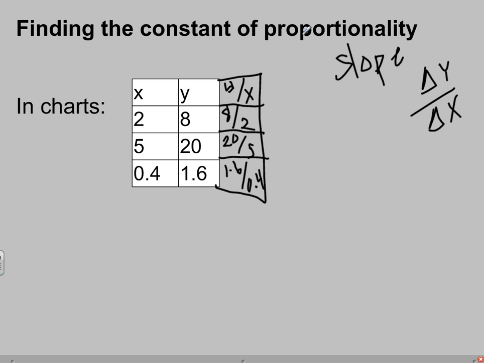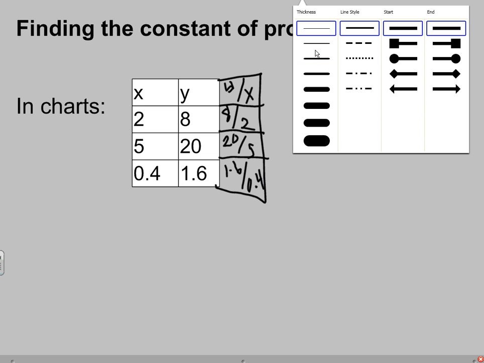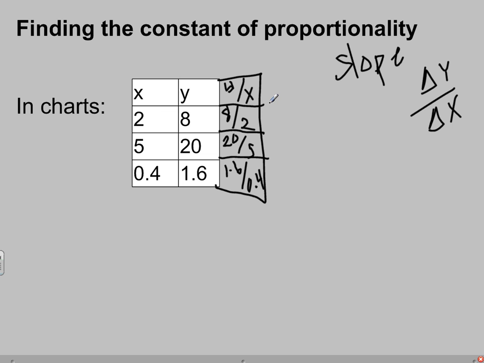The next step you need to take is you need to take all of these different ratios and then divide them, okay? So I'm going to do 8 divided by 2, which is 4. 20 divided by 5 is 4. And 1.6 divided by 0.4 happens to also be 4.